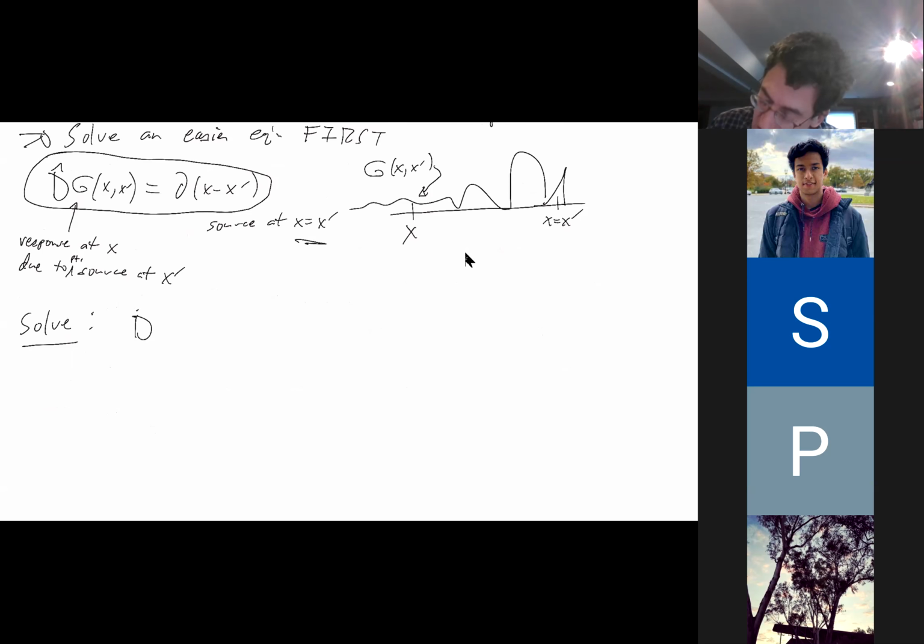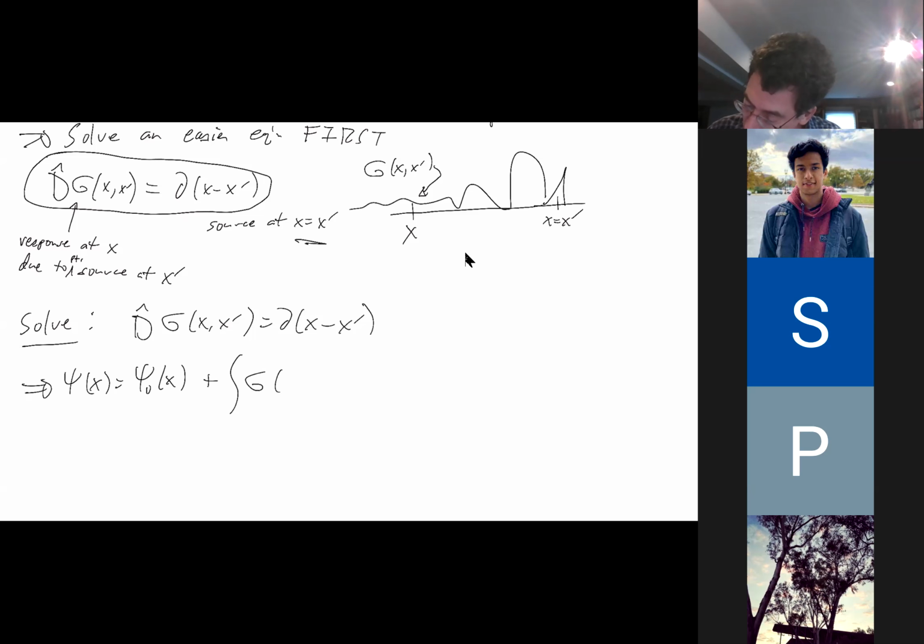So we solve this easier problem, and once we solve it, then we can use that Green's function, because the trick is that the full answer, psi of x, is equal to psi naught of x plus the integral of g of x, x prime, f of x prime, dx prime.